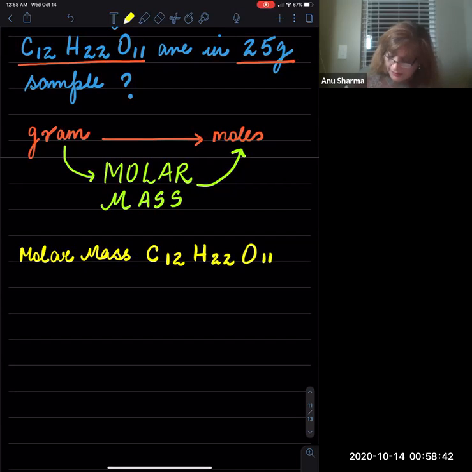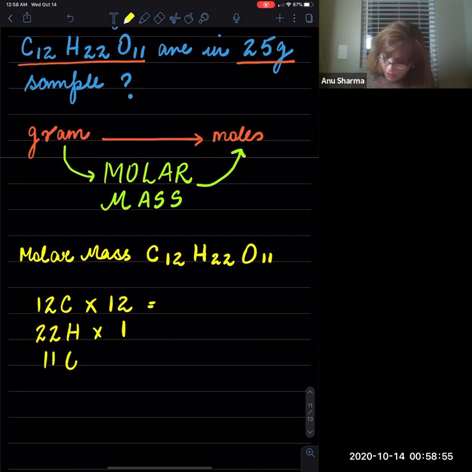C12H22O11. This means that there are 12 carbons. Each carbon is 12 grams, but there are 22 hydrogens. Each hydrogen is 1 gram. There are 11 oxygens, and each is 16 grams. So let's take the weight of this first.